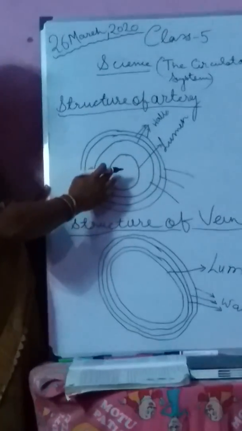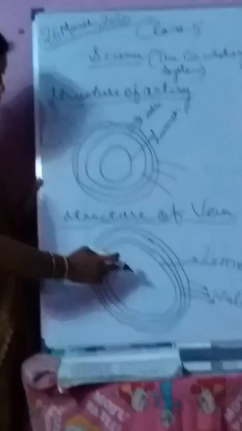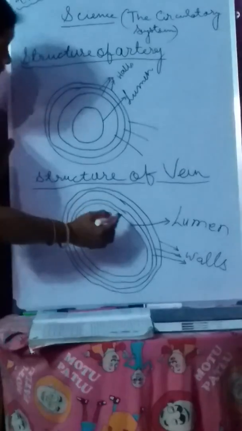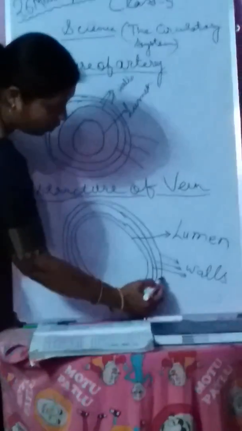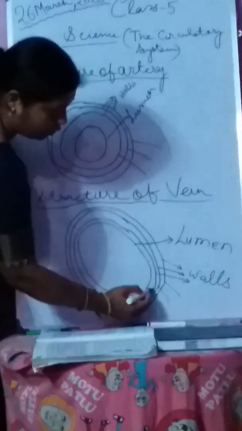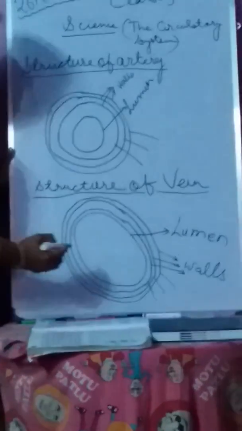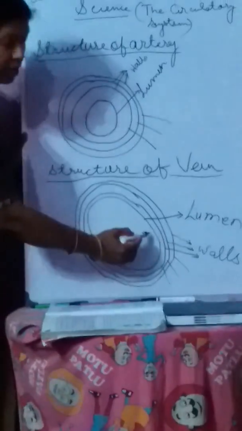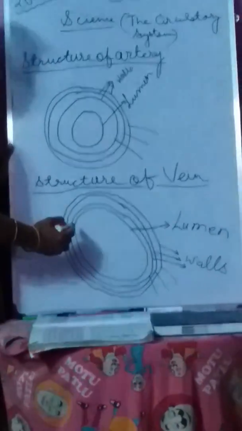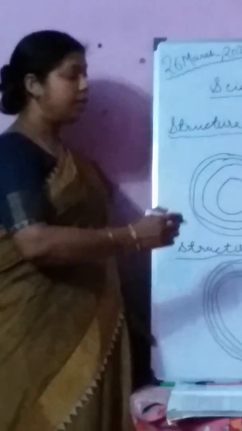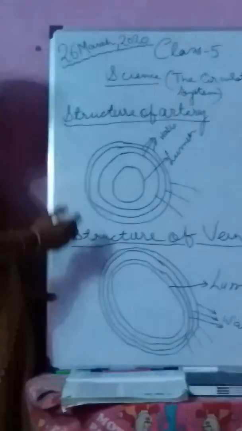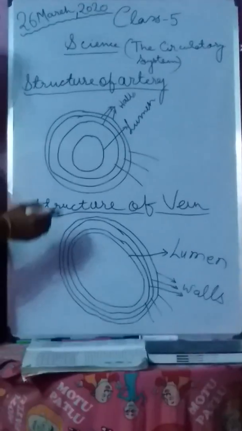This is narrow. Whereas in the structure of the vein you see they have thin walls. These are the walls. 1, 2, 3. Whereas the lumen is broad here. Now you can easily differentiate between arteries and veins.